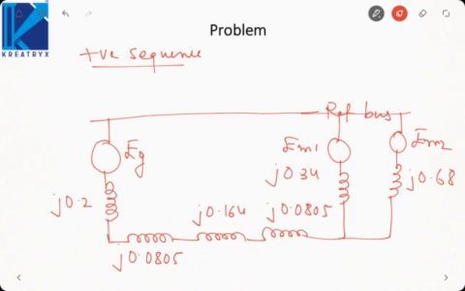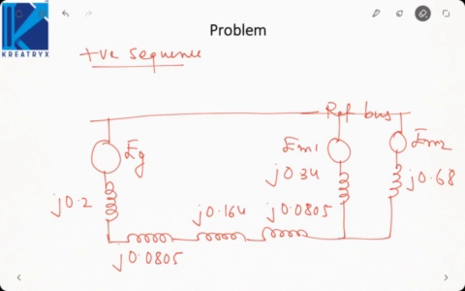Now in the problem they have said to assume equal positive, negative and zero sequence reactances. That means negative sequence impedances will remain the same as positive sequence. But the essential difference between the positive and negative sequence networks is that there are no induced EMFs in the negative sequence network.